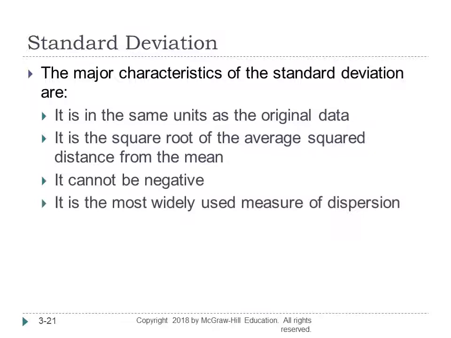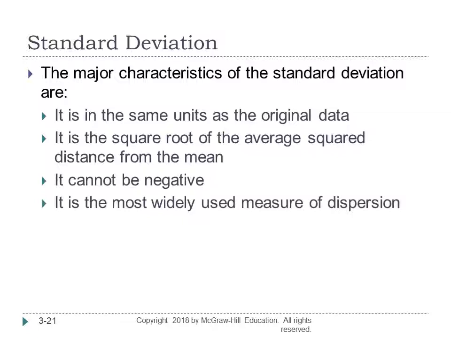What do we know about the standard deviation? It is in the same units as the original data, because you are taking the square root of the variance, so the units will be the same as the original data. It is the square root of the average squared distance from the mean. The distance from the mean is the deviation.